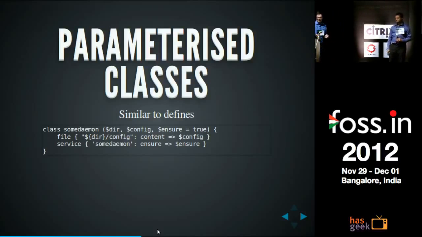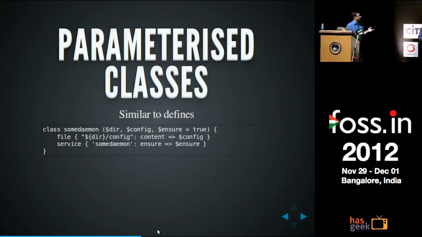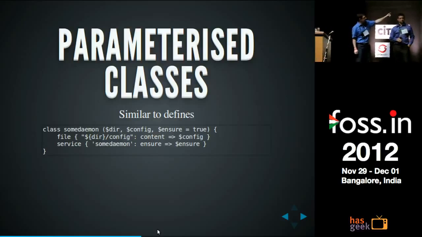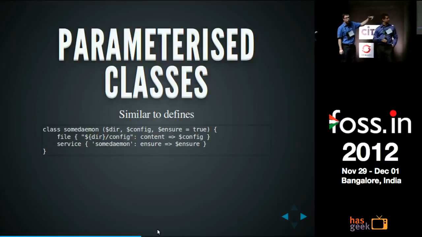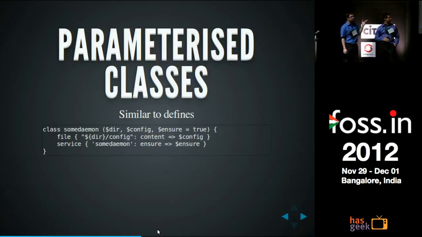Very important. The last thing I just want to mention very briefly on this is, if you look at the syntax very briefly: class, sum, daemon, dir, config, and ensure equals true. In this case, dir and config don't have default values. You can see that they do not have default values, whereas ensure does. Okay? If you can sanely provide usable defaults, that's a good thing.